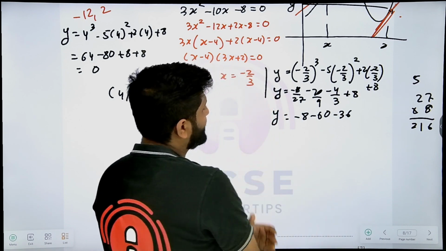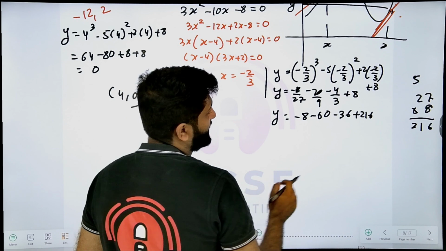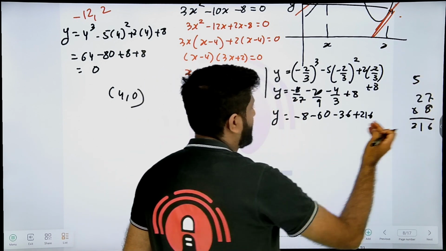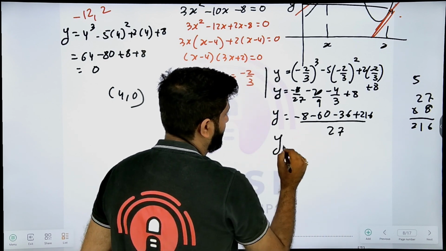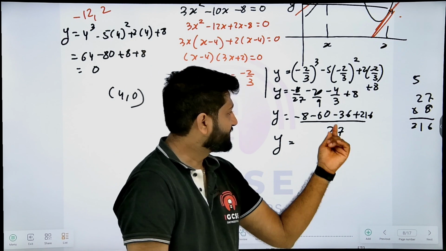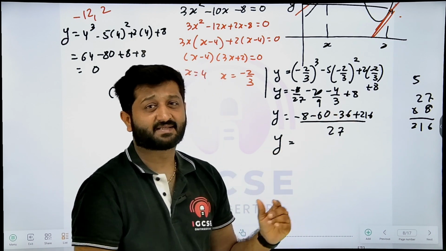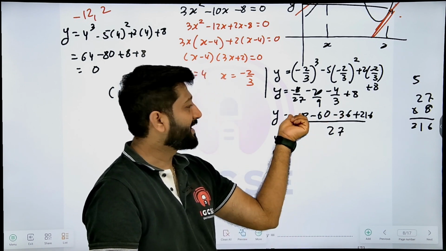So you have 216. So plus 216. 16 plus 5 is, yes, 26 over 27. So the value of y is, see, let me simplify this. This is minus 60 minus 36. That is negative 96. Negative 96 minus 8.